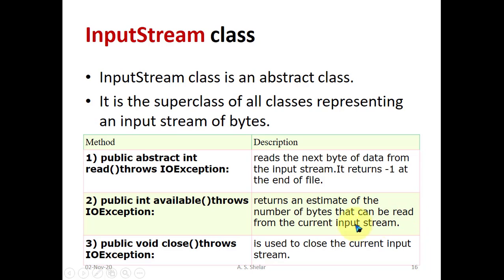So if you want to check how many bytes are available, you can go with available. It returns the number of bytes as an integer. And close is used to close the current input stream instance.